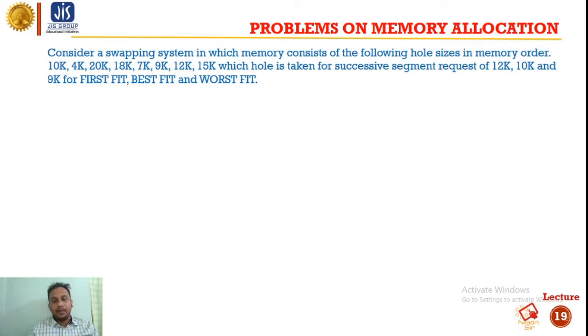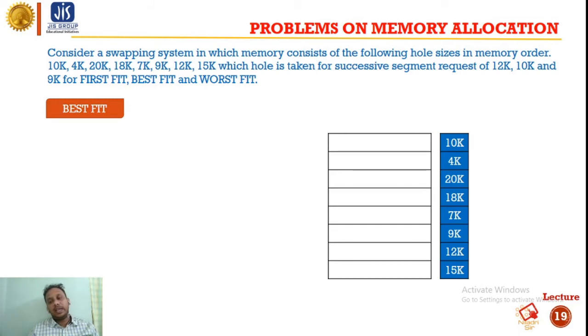Next one is best fit. So these are the holes: 10K, 4K, 20K, 18K, 7K, 9K, 12K, and 15K, all in consecutive order, and these are the requests. In the case of best fit, the CPU will check among these elements which one can be fitted by the 12K.